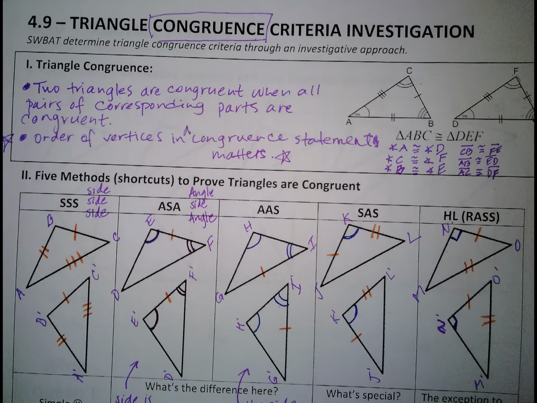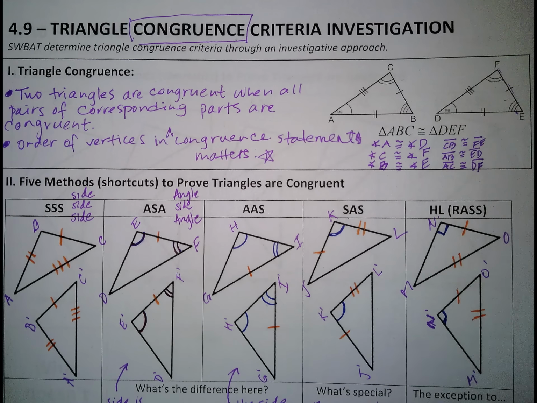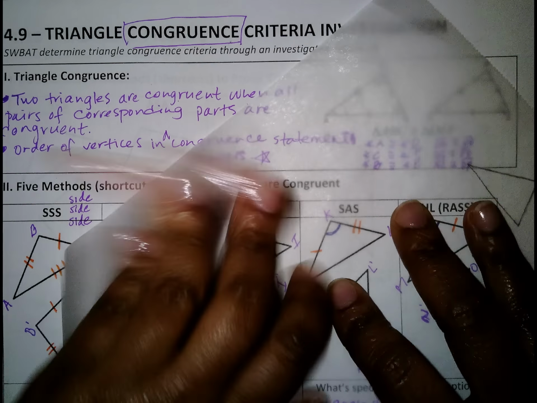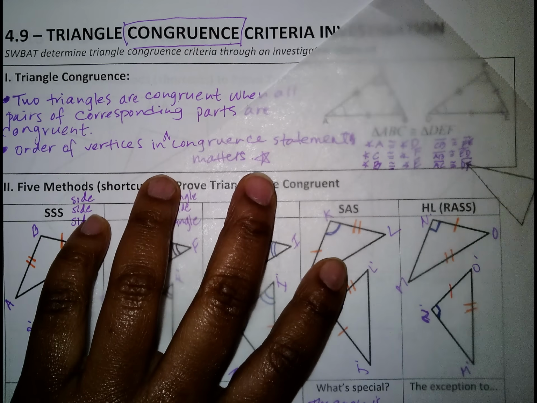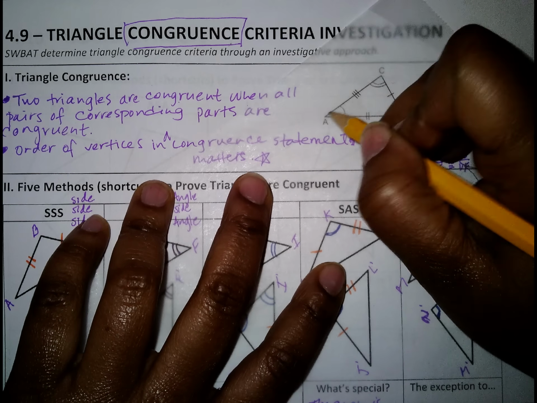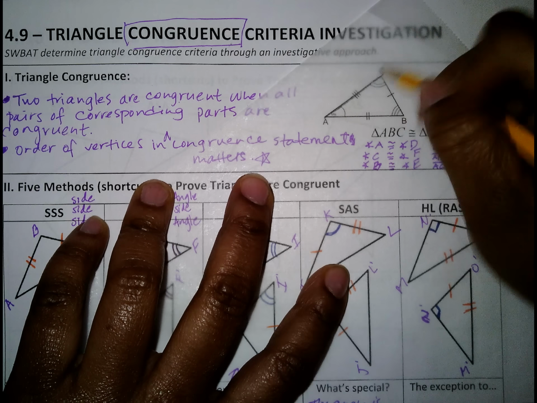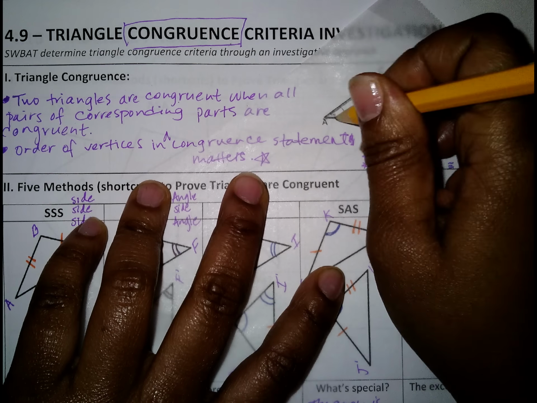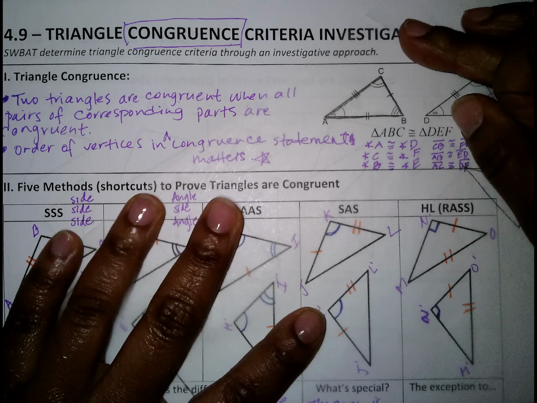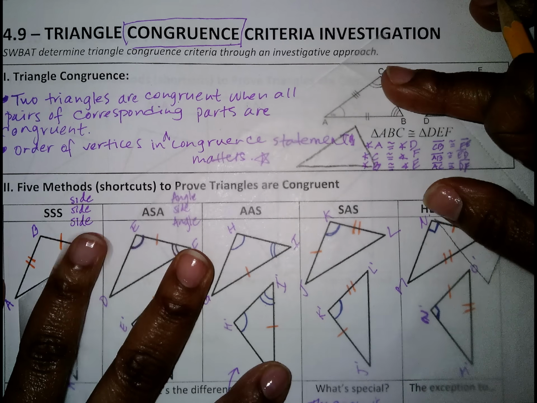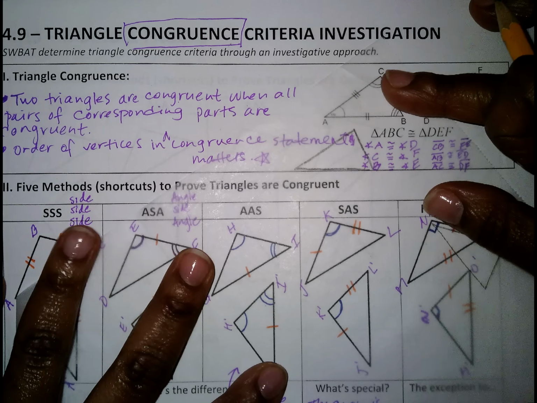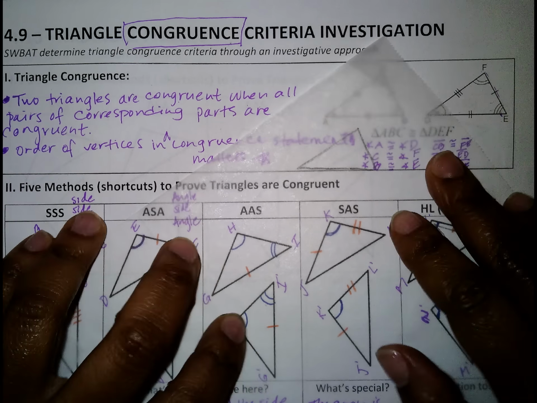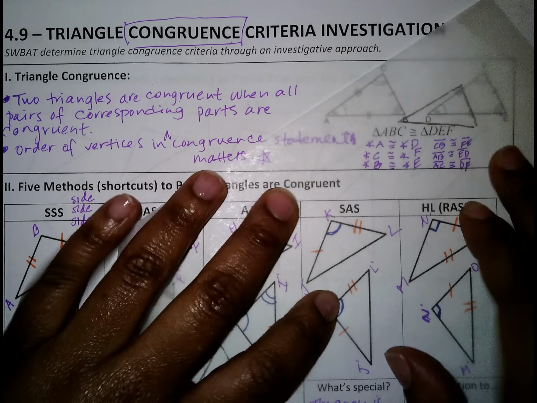Another way to look at congruence is if I were to take some tracing paper and trace this triangle ABC. If I take this triangle and move it so that it lays flat over this triangle, is it congruent?